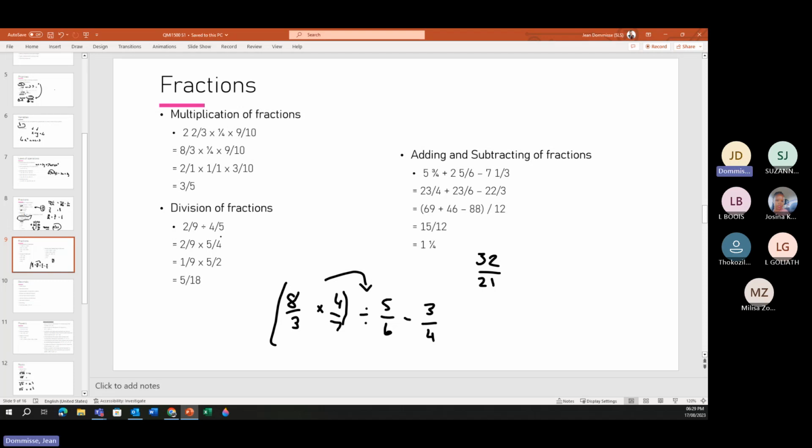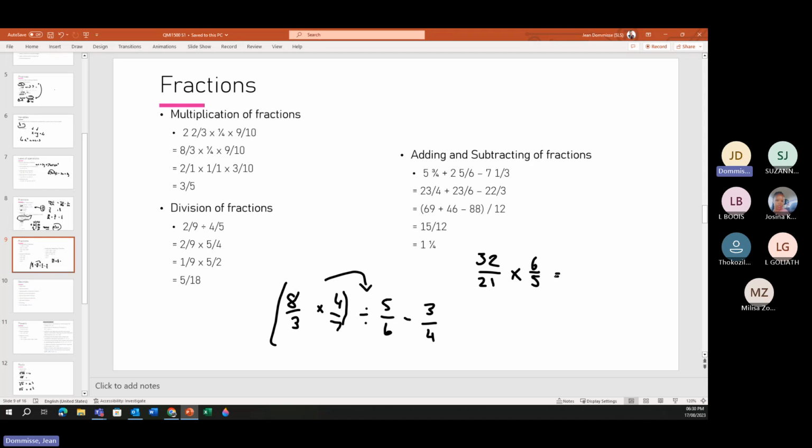Remember, and we've seen it with the division of fractions, when we divide by 5 over 6, the other way is to turn it upside down so that it is 6/5. So again, unfortunately, there's nothing here that we could make simpler.